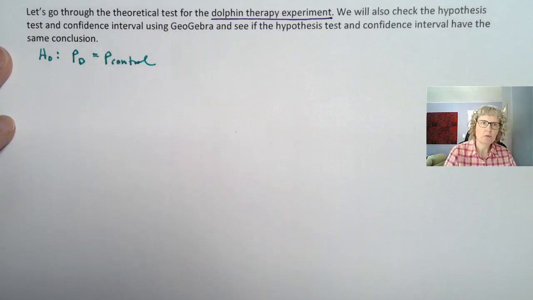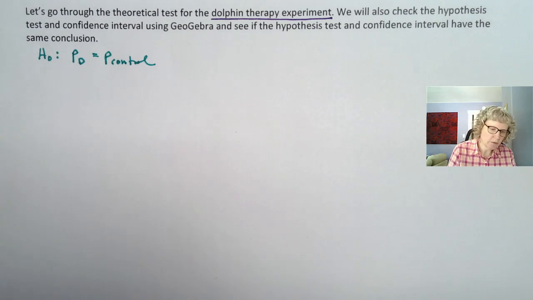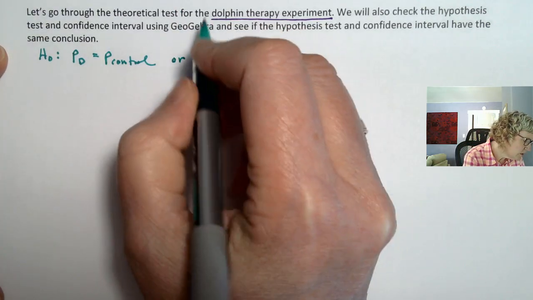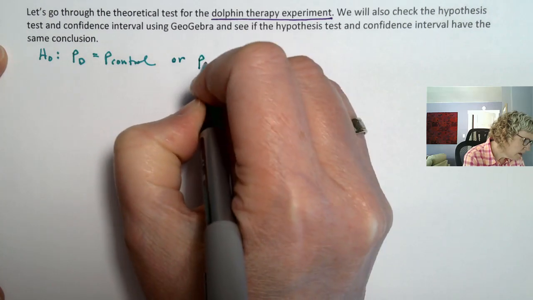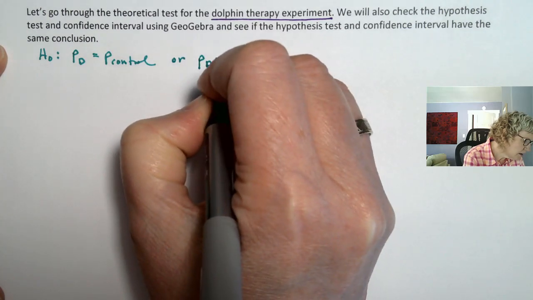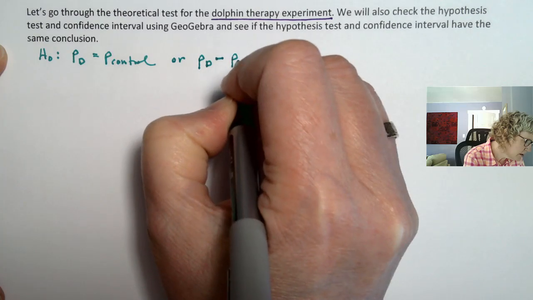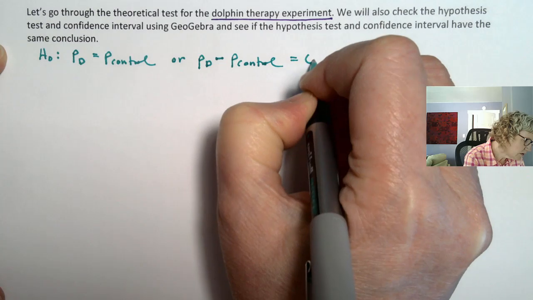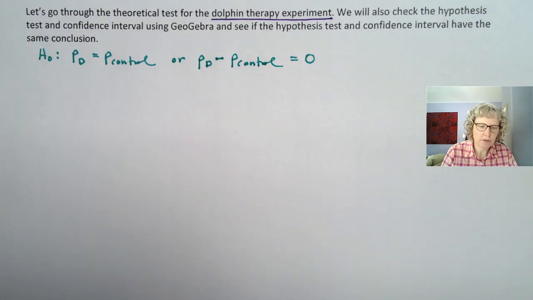Right, so the dolphin group is equal to the control group. There's no difference between the proportions that were improved by swimming with the dolphins. Or if you want to do the subtraction way, P sub D minus P sub control is equal to 0. That's another way to say there's no difference.